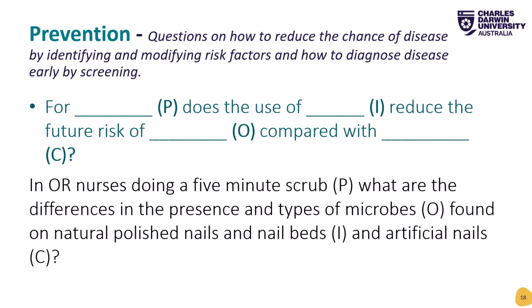We could structure the question, for OR nurses doing a 5-minute scrub, does the use of artificial nails reduce the future risk of presence and type of microbes compared with nurses that have natural polished nails and nail beds?